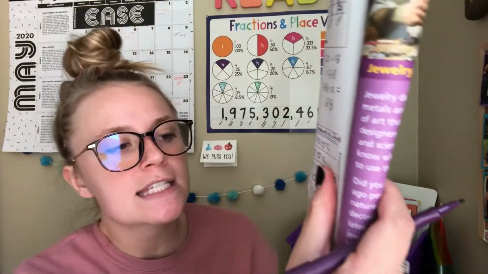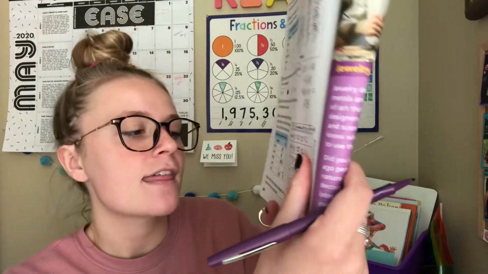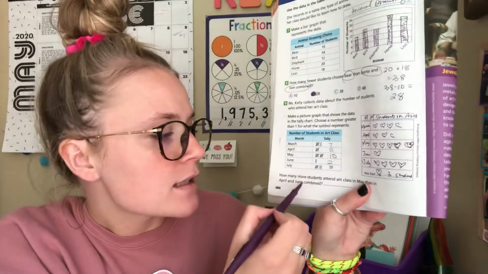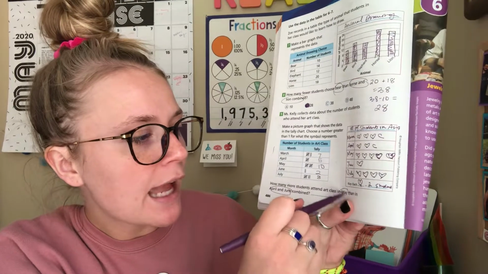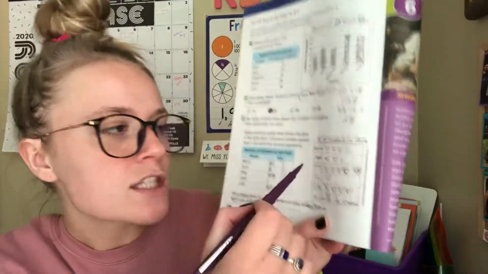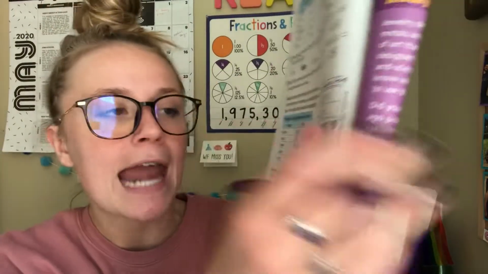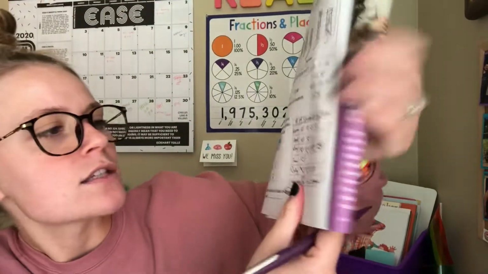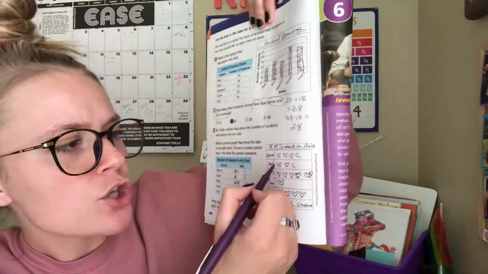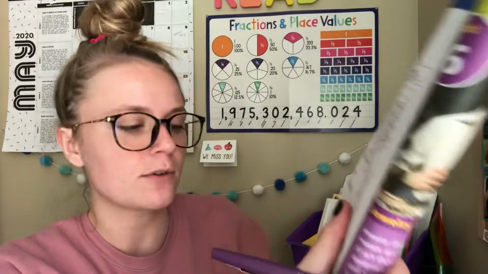How many more students attend art class in May than in April and June combined? So April and June is what we're combining and comparing to May. So let's look at April and June and add those up first. In April, we had 2, 4, 5 students, so we'll write 5.